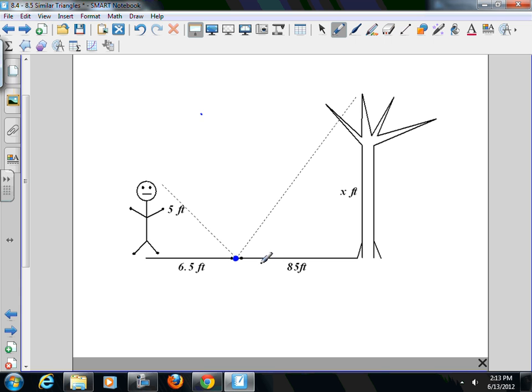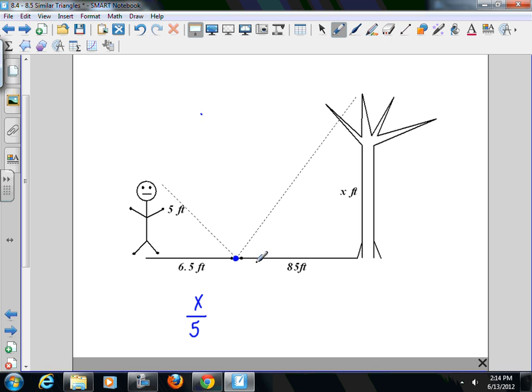So let's go ahead and see if we can figure this out. These triangles that are being created are similar. You should assume that right off. And what we're going to do is see what corresponds to one another. The height of the tree should correspond to the height of the person. So we have x compared to 5.